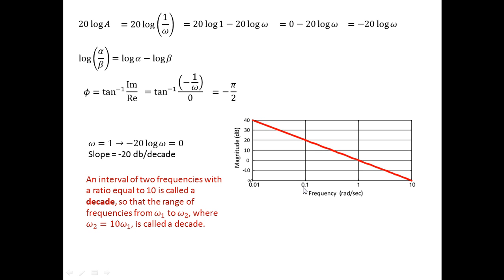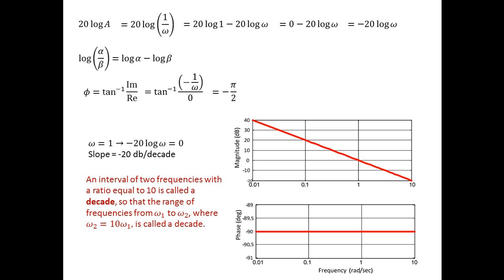As you see, for example, from 0.1 to 1, I have 1 decade, and from here to here, the slope is minus 20. Starting from 20, it goes to 0, and if you look at the frequency range from 1 to 10, I come from 0 to minus 20. So the slope is minus 20, and the magnitude at omega equal to 1 is 1.